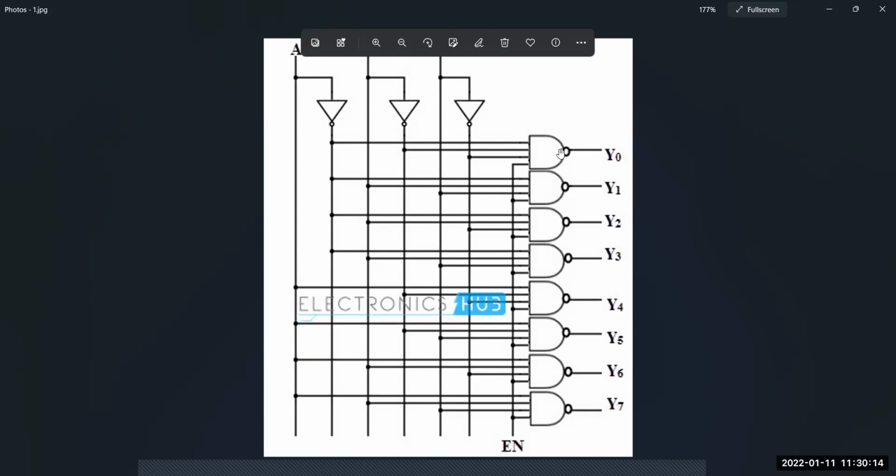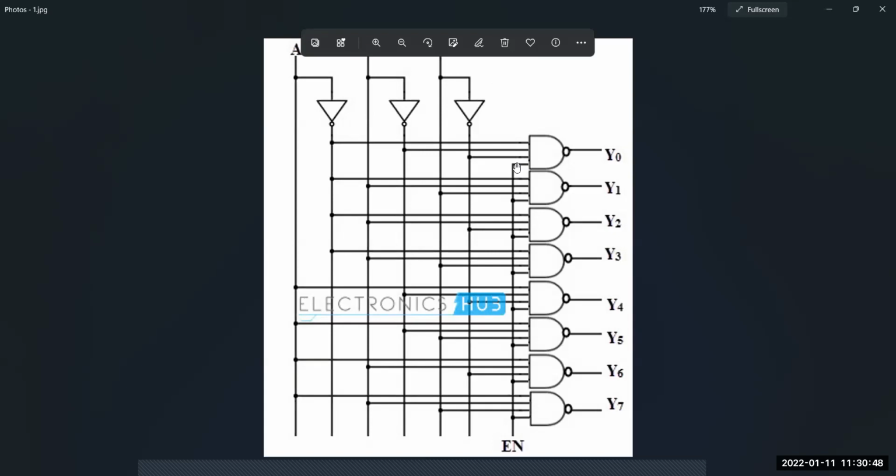variables. Okay, so one thing here is that the 3 inverters provide the complement of the inputs, and each of the 8 AND gates generates one of the minterms.